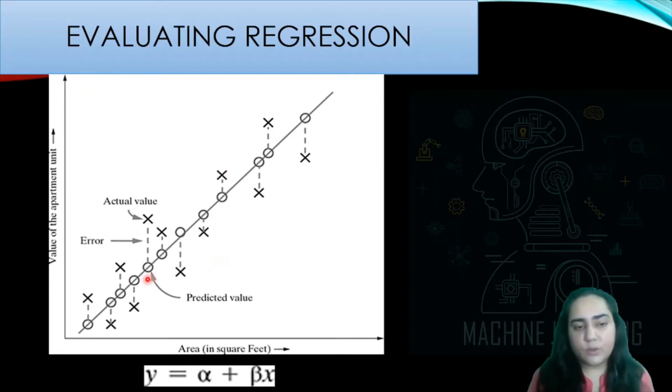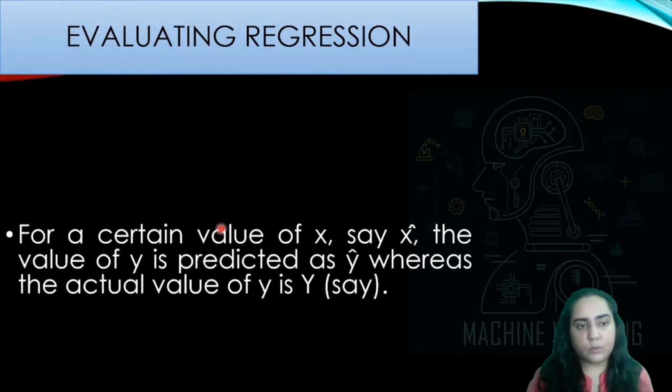So basically what we are trying to say for this particular data point is that for this value of x, this should be the value of y. But in reality, for this value of x, the value of y is actually this. So there is this difference between this circle and the cross mark that you can see. And that difference tells you how much error is present in your model.